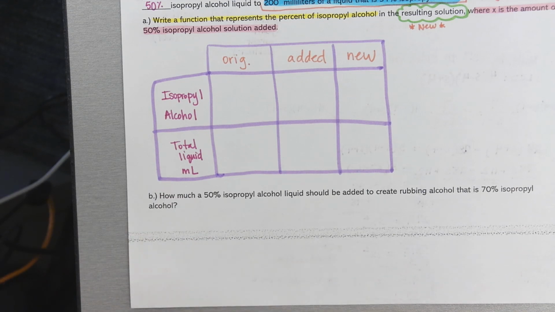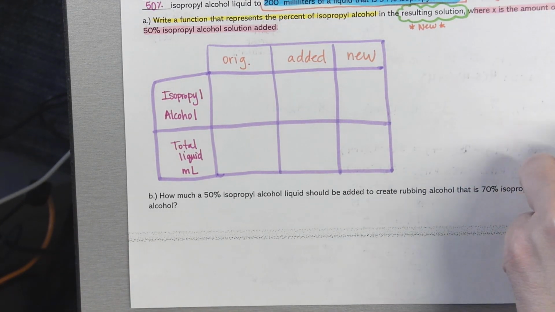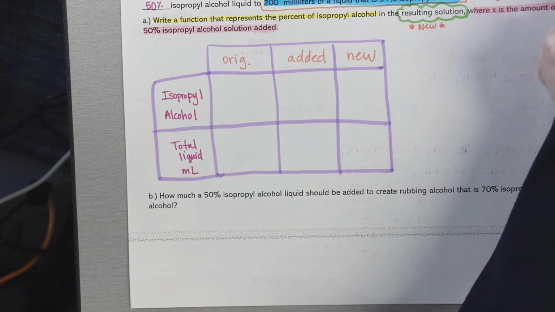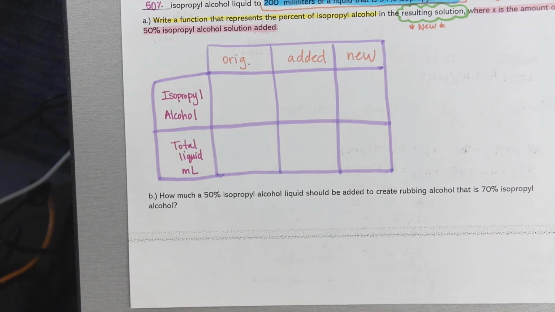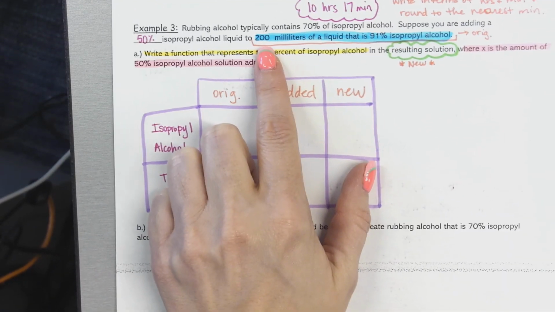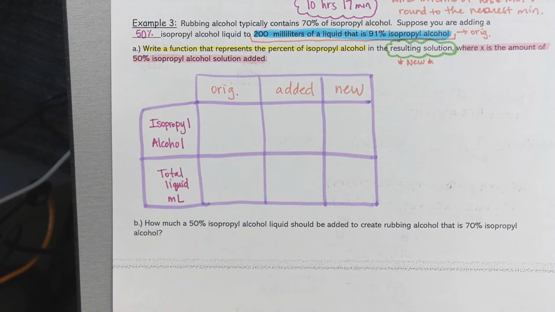Okay, so what we know is the most information about the original because we have the amount in milliliters. All right, I'll wait till you guys have your charts down.